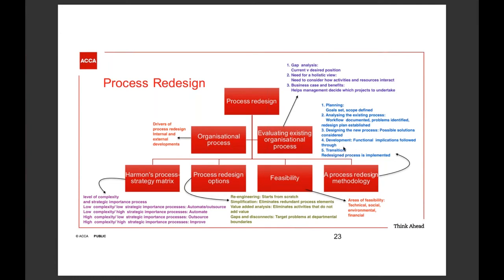If it's a system, you need to test run it first to see whether the migration from the old system to the new system is successful or not. Once it is successful, then only you move towards your new system, or your new process. So basically that's what process redesign is all about.